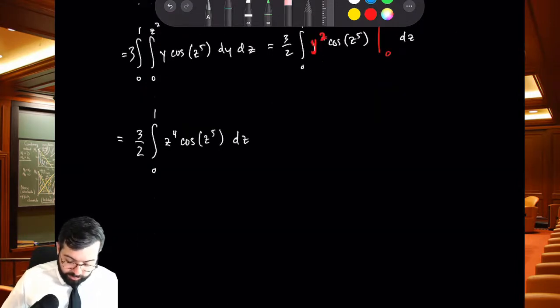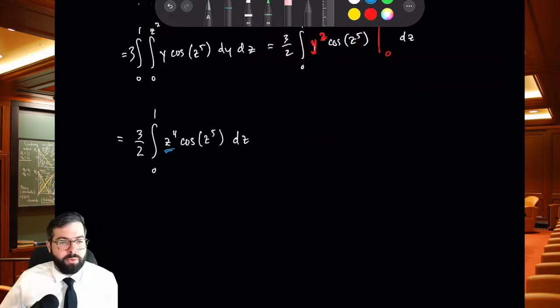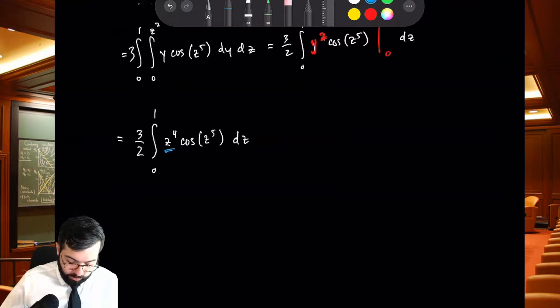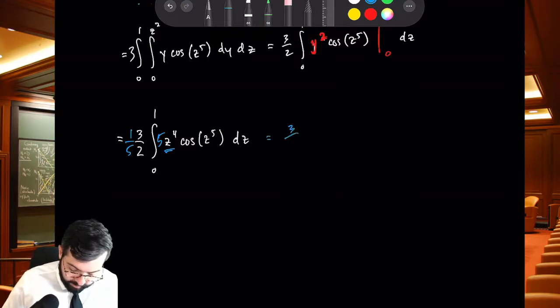which is good because we needed this in order to do this integral, right? We need that fourth power. So we really need a 5 in here. So bring out a 1/5 to the outside. So we can integrate, and we should be left with, what, 3/10 sine z to the fifth from 1 to 0.